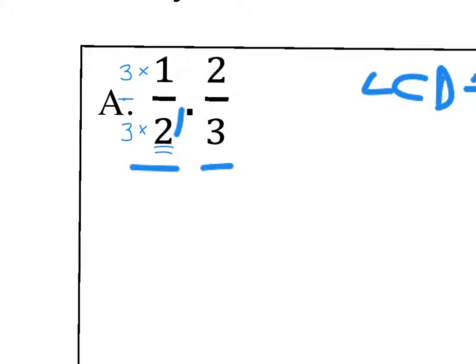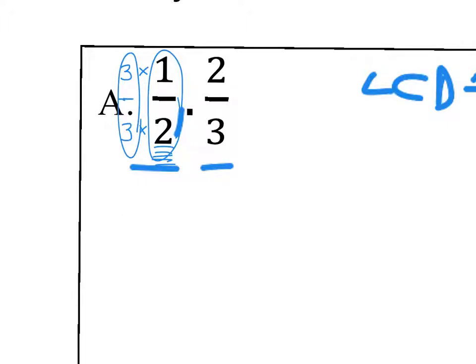What's 3 divided by 3? 1. What happens when I multiply something by 1? It's the same number. So if I take 1/2 and multiply by 1, I still get 1/2. The only difference is it's going to look a little different. I use the analogy, it's like we're taking Clark Kent, 1/2, and we're changing him into Superman. Same guy, different look.